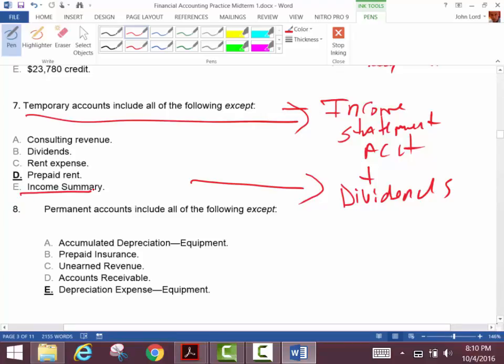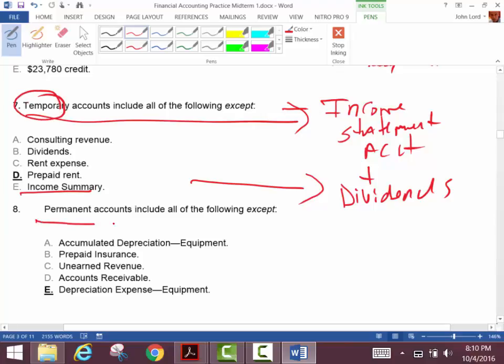An income summary is not an income statement account. It's a holding place as we're making our closing entries, but it'll go back to zero. So any accounts that go back to zero, we call them temporary.